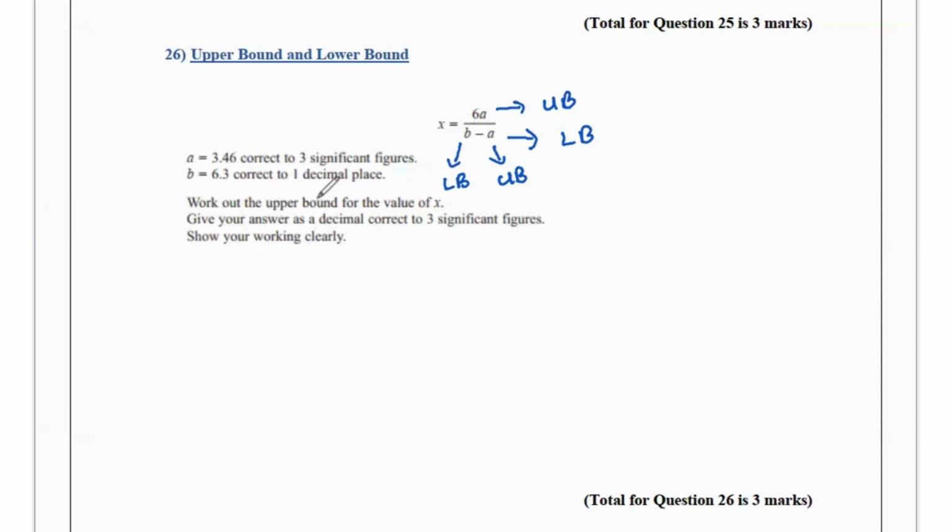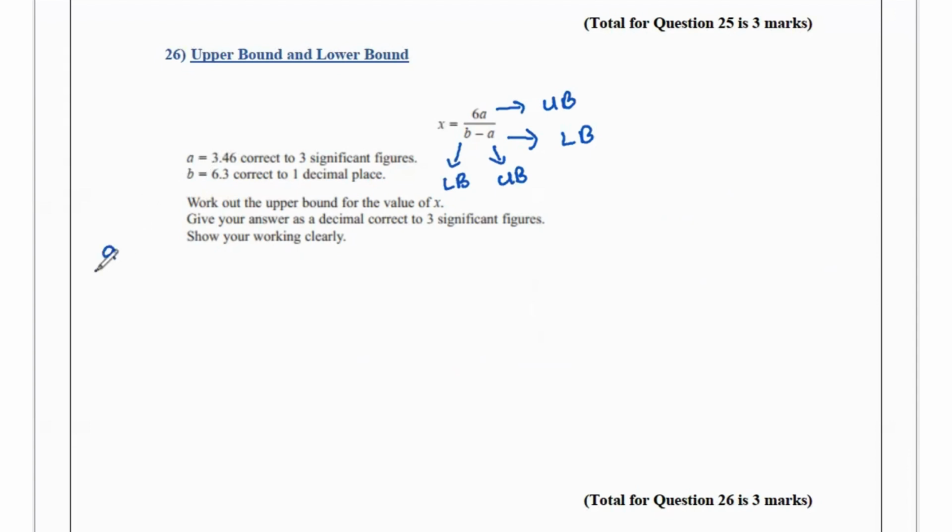So let's begin with a first. a has to be upper bound. When we have the degree of accuracy in significant figures, in this case, they said that a is 3.46 correct to 3 significant figures. So first you check what the third significant figure is. Third significant figure over here is 6. Once you've identified the third significant figure, you identify the place value of the significant figure.